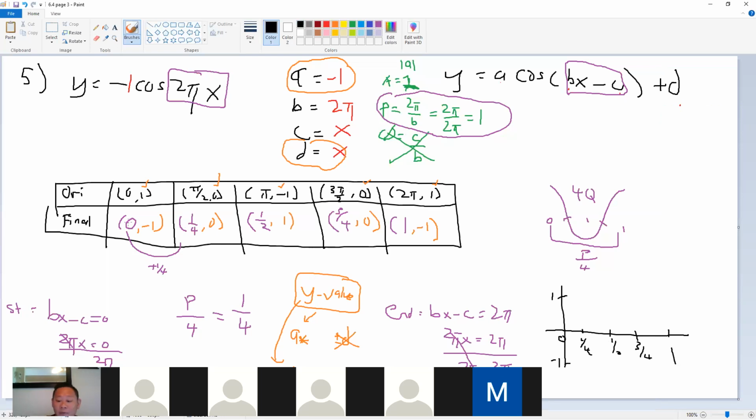The first one we have is 0, -1, the point is right here. 1/4, 0, right over here. 1/2, 1, right over here. 3/4, 0, right over here. And the last one is 1, -1, right over here. So this is your cosine graph that you have.